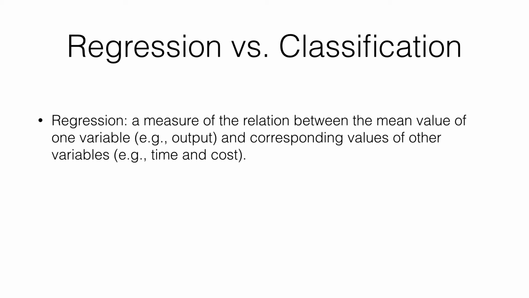So the idea is that when you do regression, your goal is to find the relationship and the trends between the input and the output variables, which is such a vague statement, and in fact, technically is more general than classification, right? Because technically, classification is also trying to find the mean value of one variable, which is a discrete variable, and corresponding values of other variables, the ones that are inside the input.